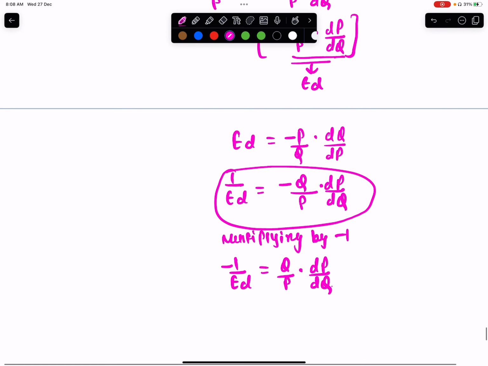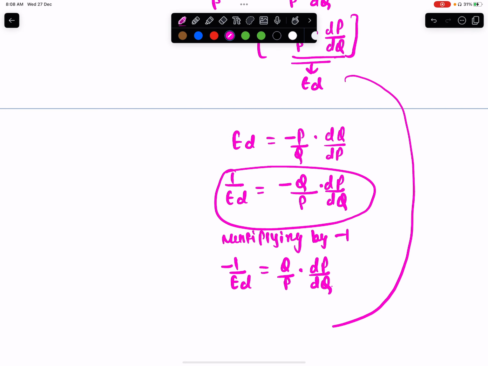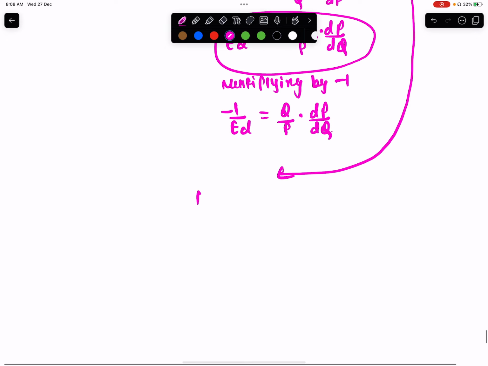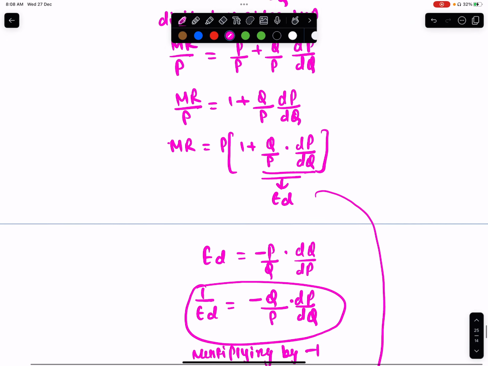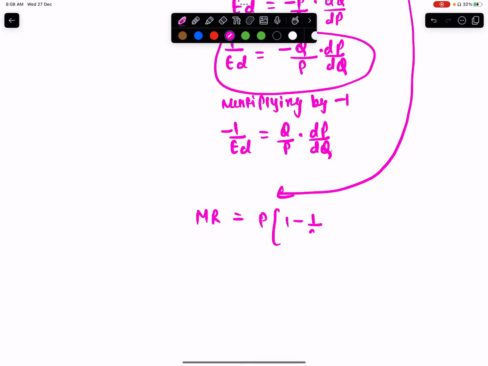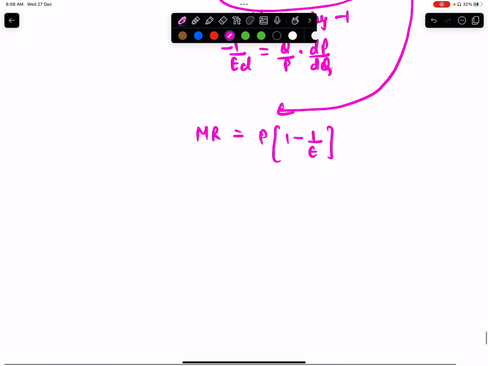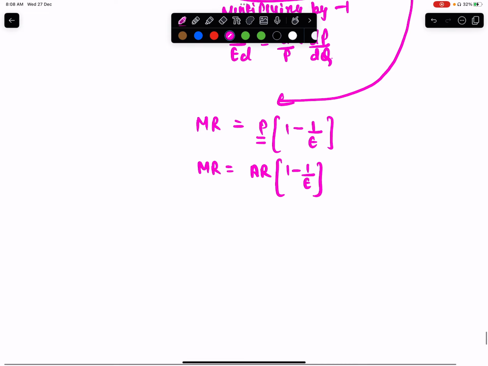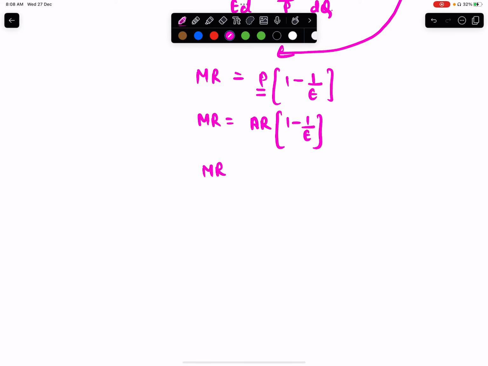So we can write this as MR equals p times 1 minus 1 by e. And we know p equals AR. So MR by AR equals 1 minus 1 by e.